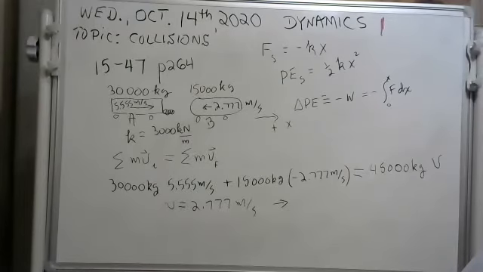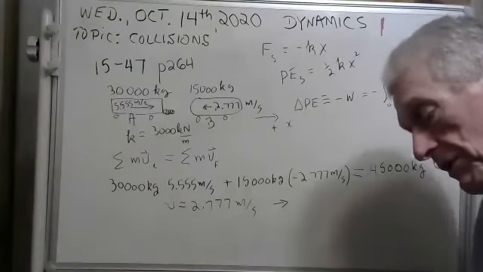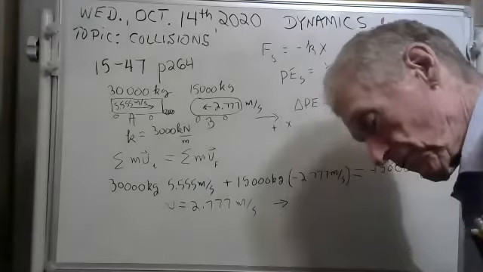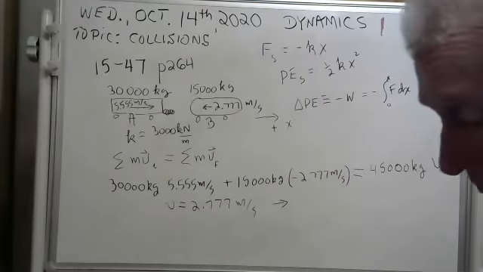Now, here's the plan. We're going to go back to chapter 14 to energy, and we're going to use the conservation of energy. Now, you got to be careful about it. Remember, it only works if there's no outside forces that do work.